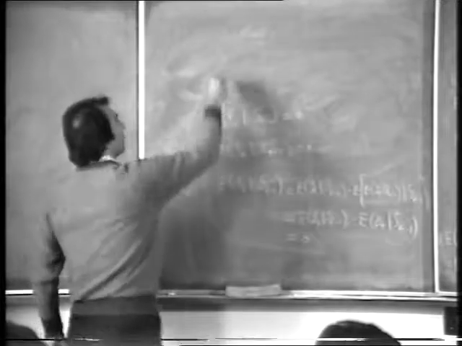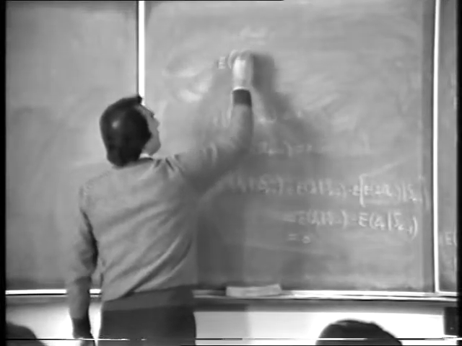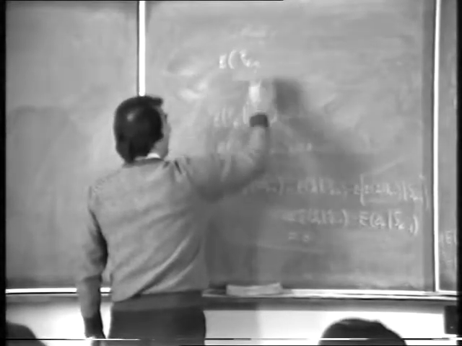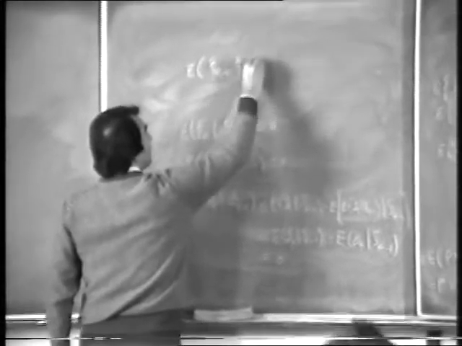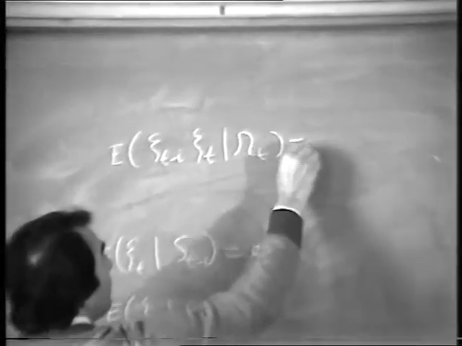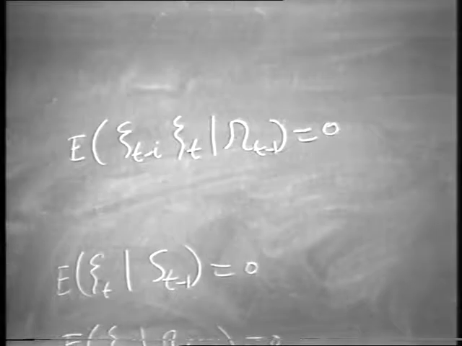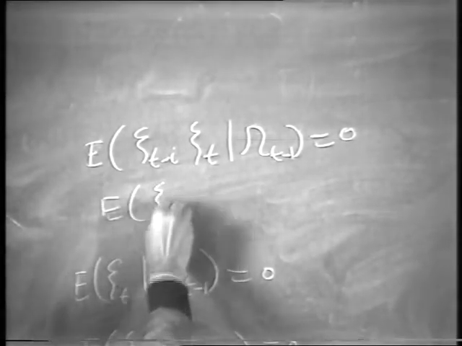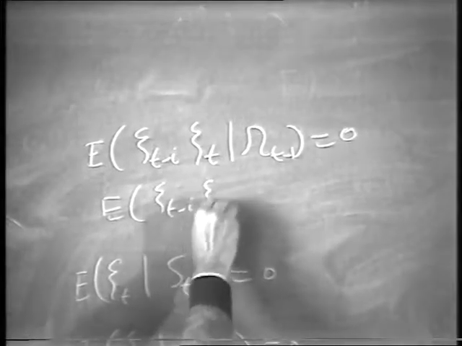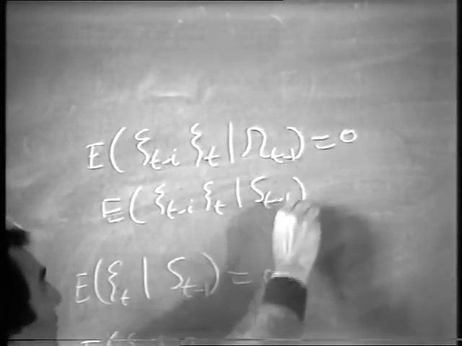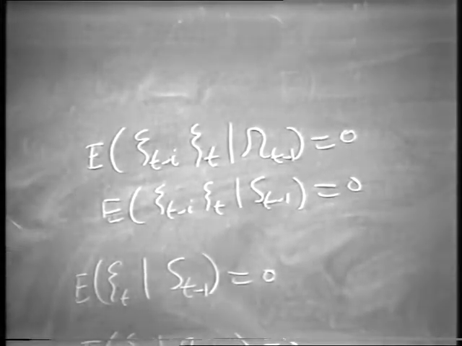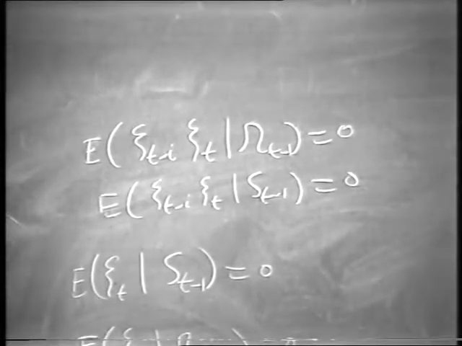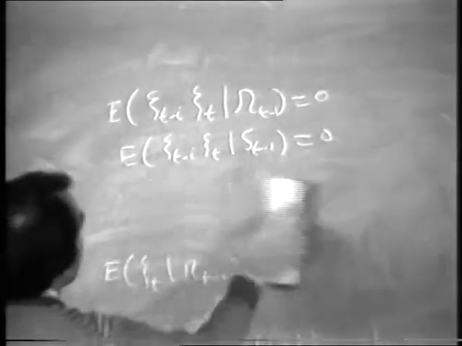Just for the sake of argument, the expected value of xi t minus i times a variable in omega t minus 1 should also be 0. Or for that matter, the expected value conditional on a subset of omega t should also be 0. Now, why is that the case?